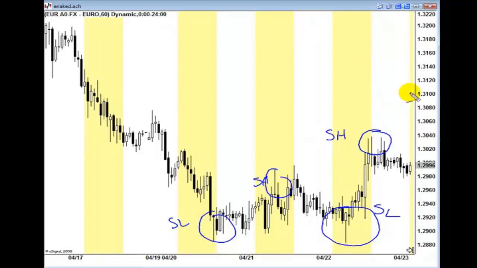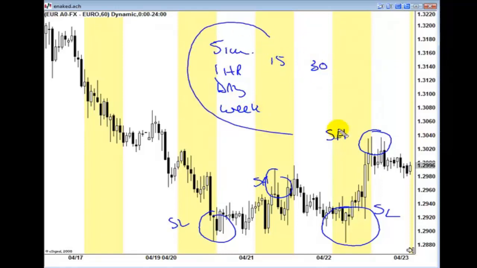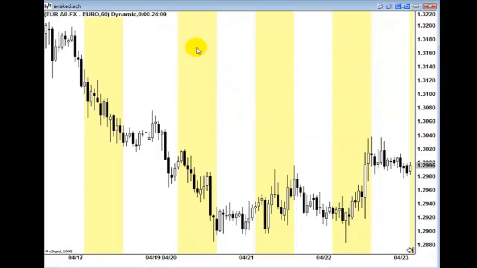Now, whether you're talking on a 5-minute chart, or a 1-hour chart, or a day chart, or a week chart, even a 15-minute chart, 30 minutes, whatever your preference is, whatever you're trading, these candle patterns can be used to add to your armor.